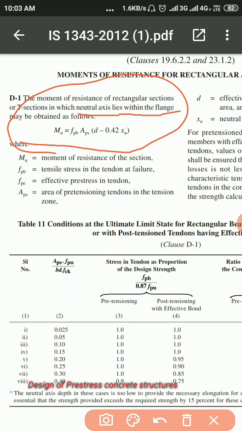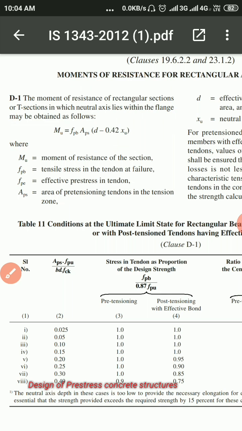Why only this case? Because we will keep the neutral axis within the flange only. So we will select such sections so that the neutral axis lies within the flange.